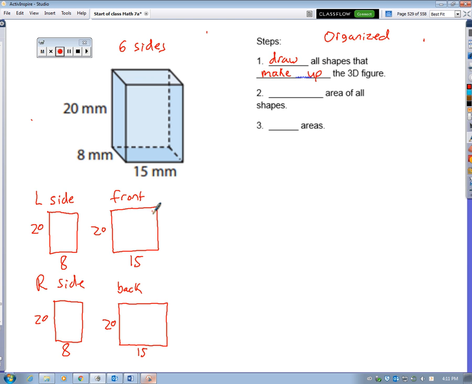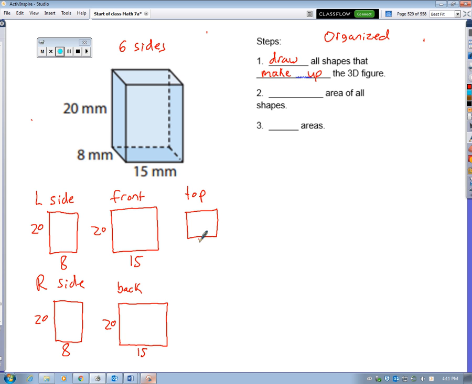We got 4 out of the 6. Now we just need the top and the bottom. The top is one of our smaller pieces here. It has a width of 8, same as this one down here, and a length of 15.